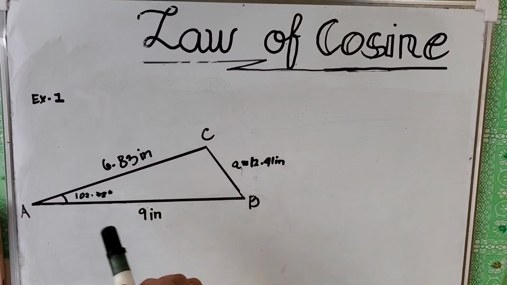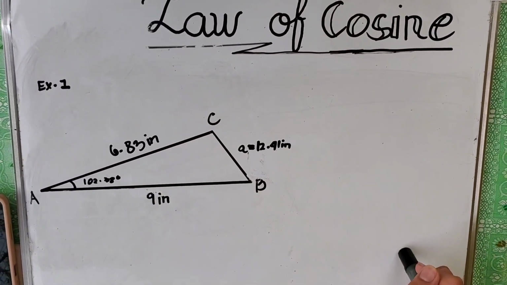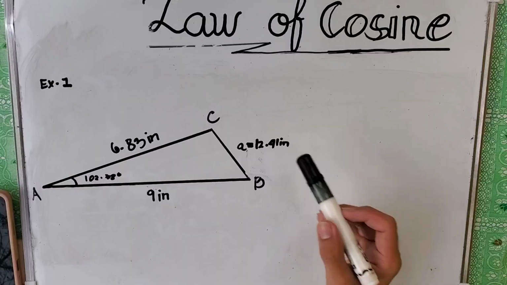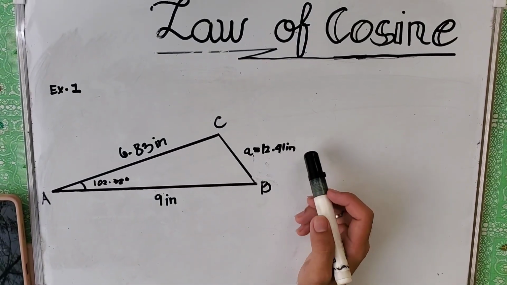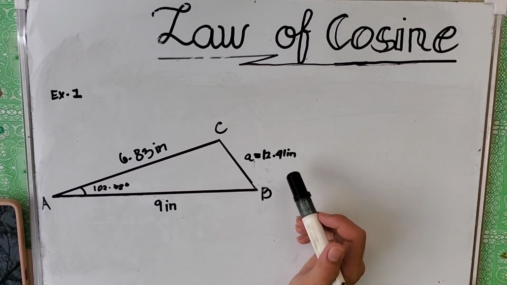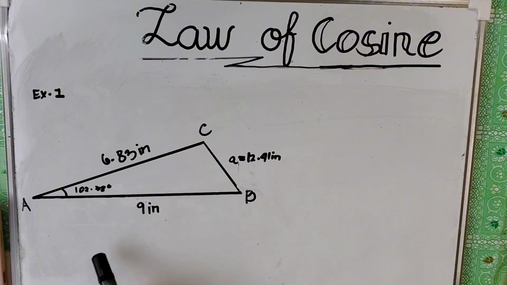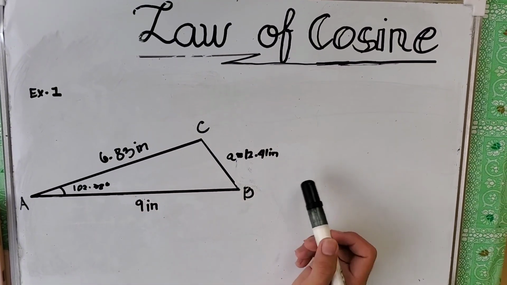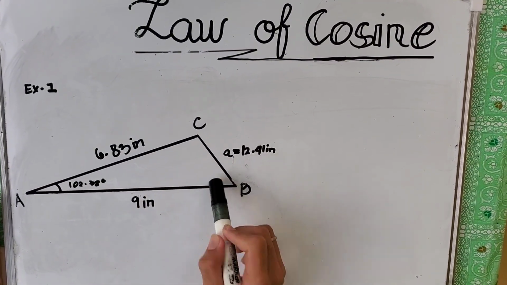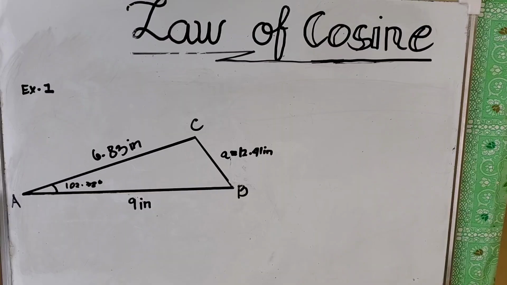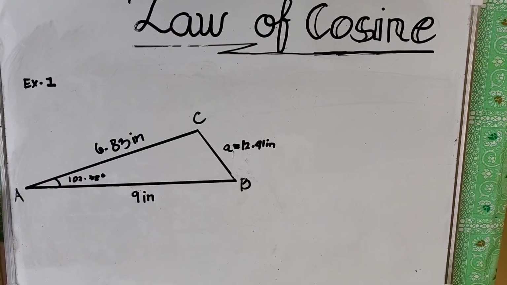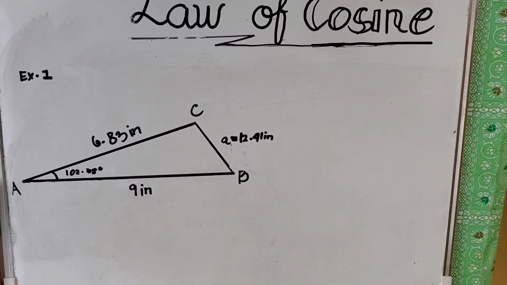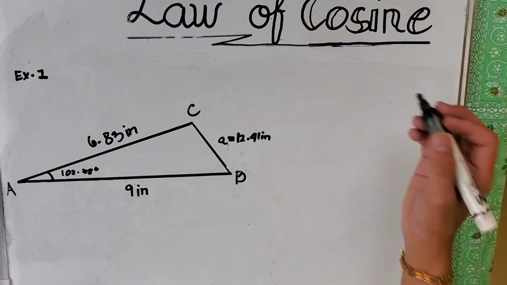Since our three sides are completed with their values, next is to solve for the value of the angle opposite the shortest side. The shortest side is 6.83 inches. Its opposite angle is angle B. In solving the second angle, we can use either the law of sines or the law of cosines.